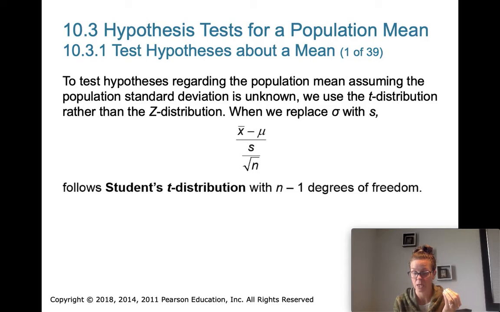So instead, we use the t-distribution that we learned about in that last chapter, which allows us to use s, the standard deviation from our sample. I said this before, but when I took statistics, it didn't make that much sense to me when to do what. I didn't understand why sometimes we use z and sometimes we use t. I just didn't get the difference.